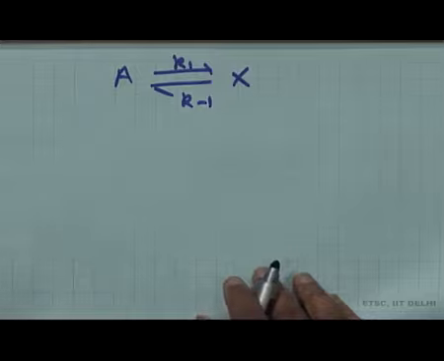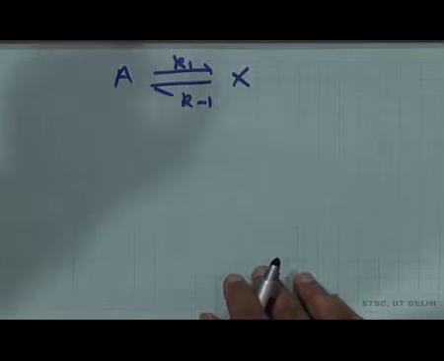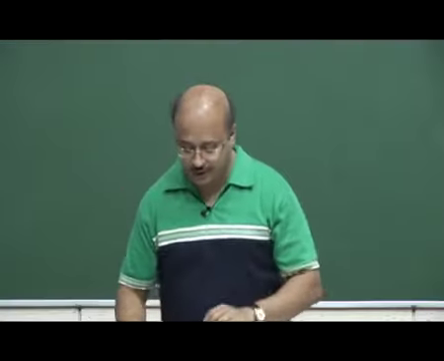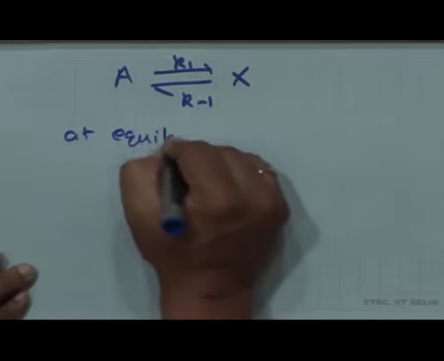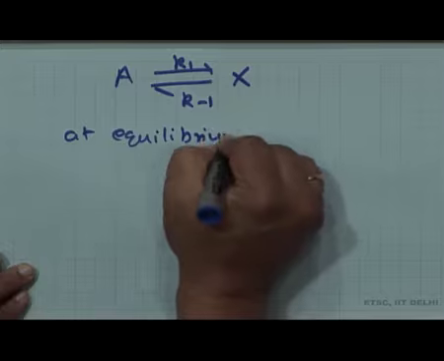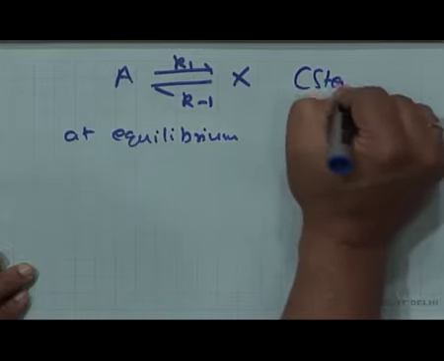So what is K1? K1 is the rate constant for the forward reaction, K minus 1 is the rate constant for the backward reaction. At equilibrium, remember we are considering step 1 here only.